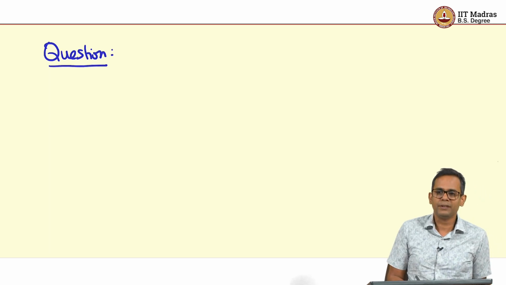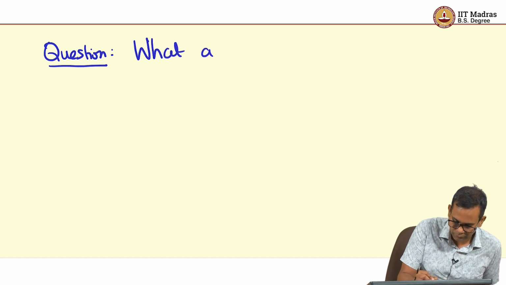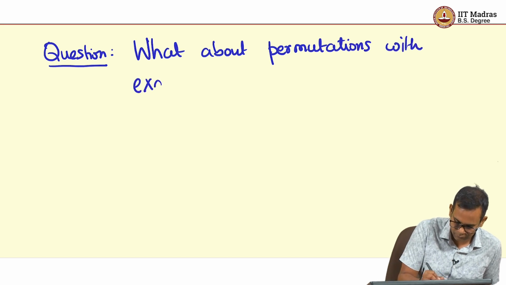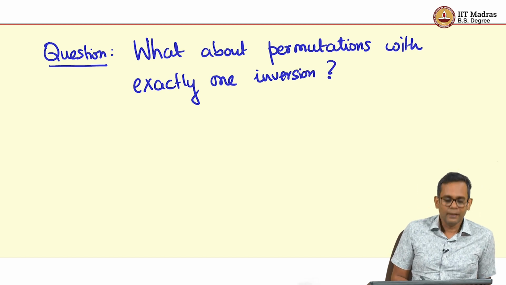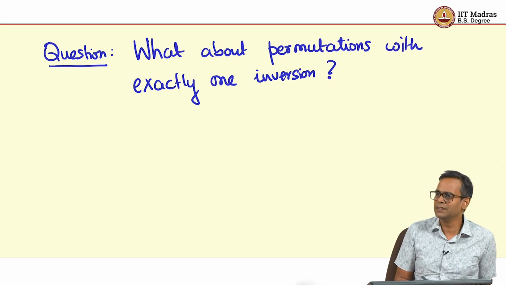What about permutations with exactly one inversion? Well, you may have guessed the answer, but let us just look at the inversion table once again.